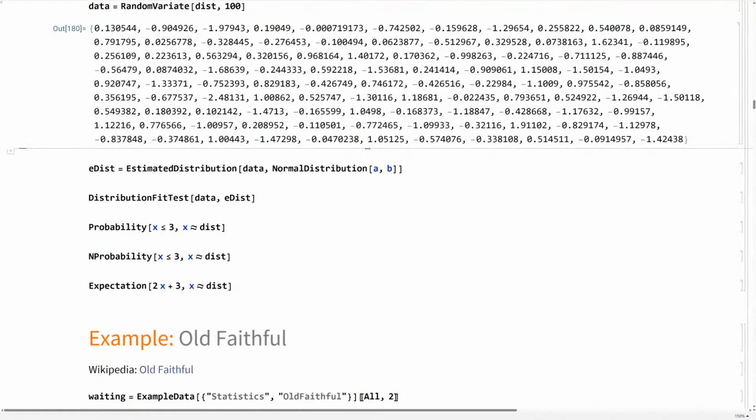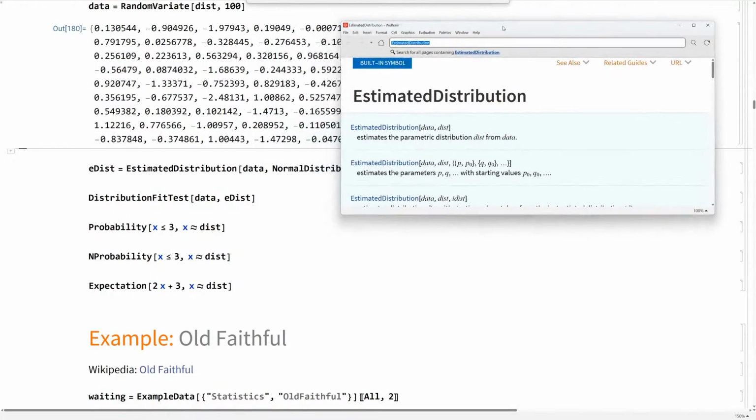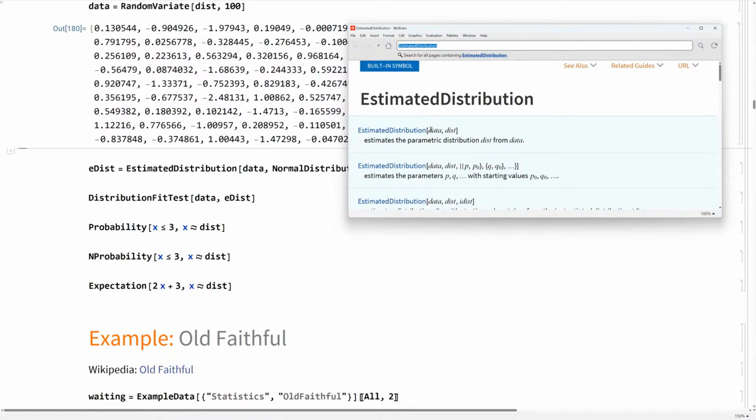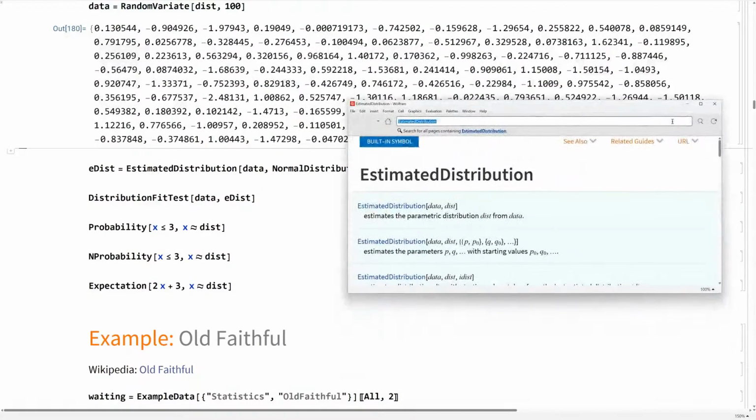Now we're going to use this function called EstimatedDistribution. It works with the given data: we, as humans, guess, oh, I think this is a normal distribution with A and B as the parameters, and I would like the machine to estimate what distribution it is.